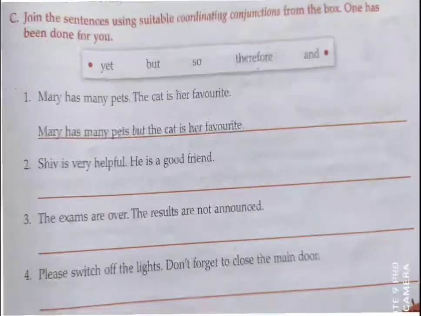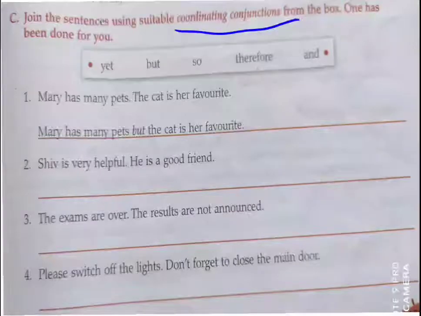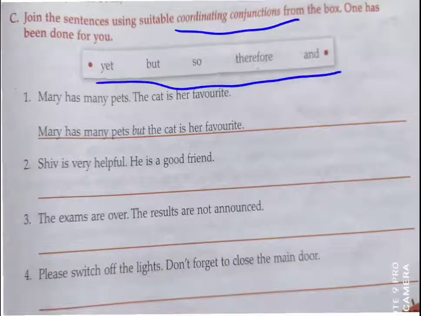Now look at, students, here is a very simple exercise for you. Join the sentences using suitable coordinating conjunctions. Coordinating conjunctions means yet, but, so, therefore, and. So here two sentences are given to you.